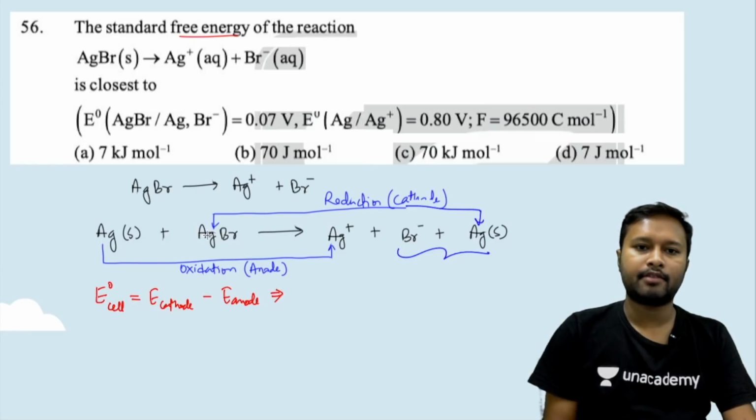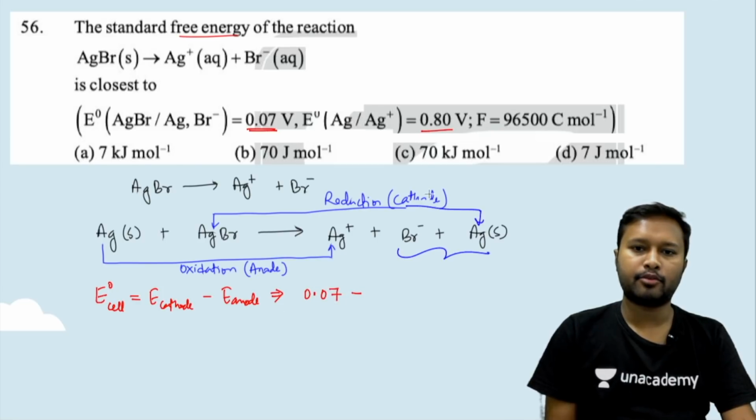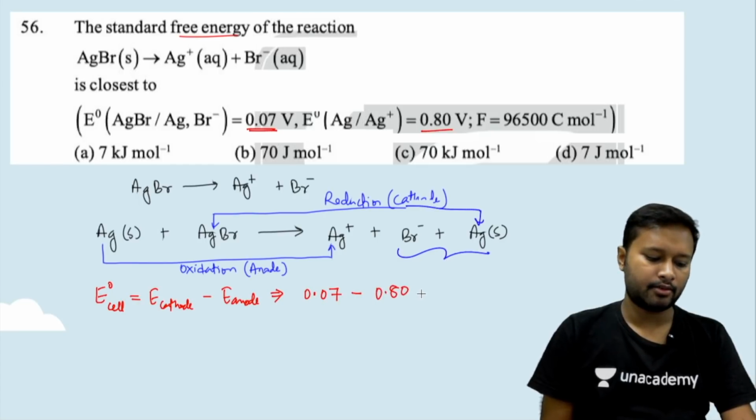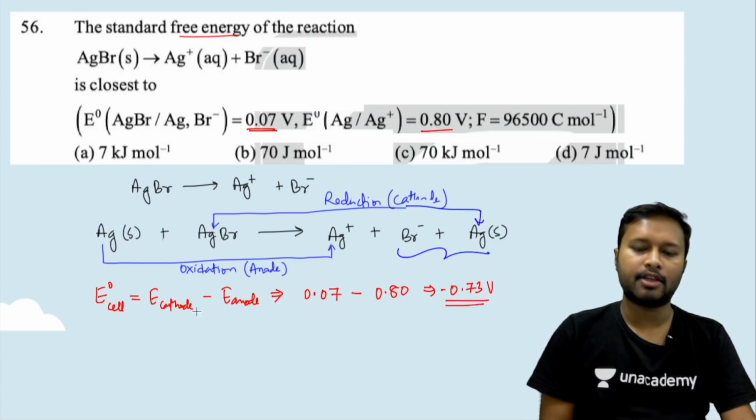The cathode value is the one where AgBr is getting converted into Ag and Br minus. Its value is given to us as 0.07 volt, and minus, the anode value is 0.80. If you solve this, your E naught of the cell will come out around negative 0.73 volt. So that's what is going to be your E naught of the cell.